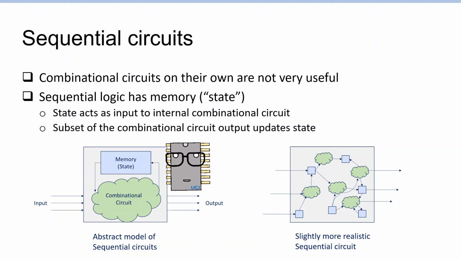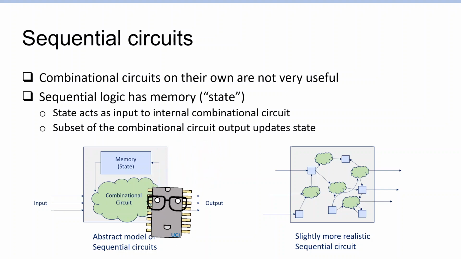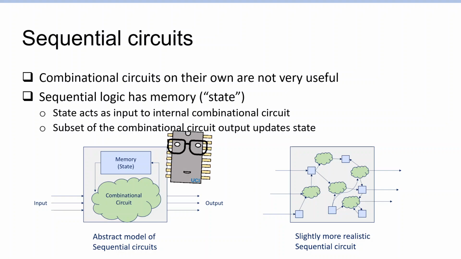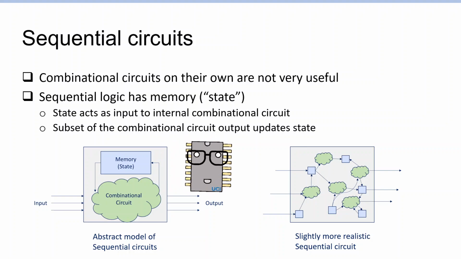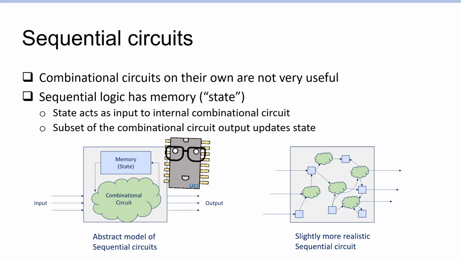If you look at an abstract model of sequential circuits, a sequential circuit consists of a combinational circuit component and state elements. These state elements provide some more input to the combinational circuits, and part of the output from the combinational circuit turns into input to the state elements to be remembered.